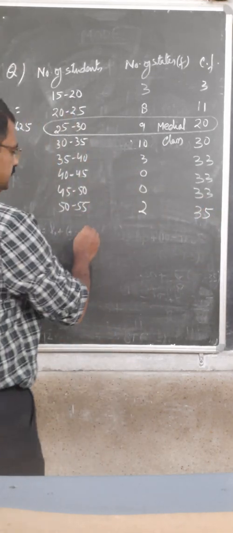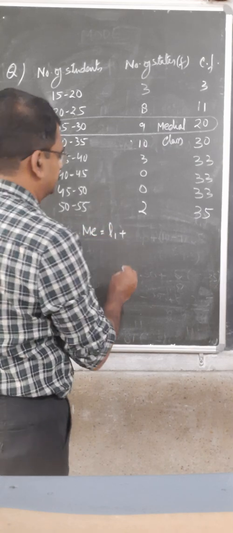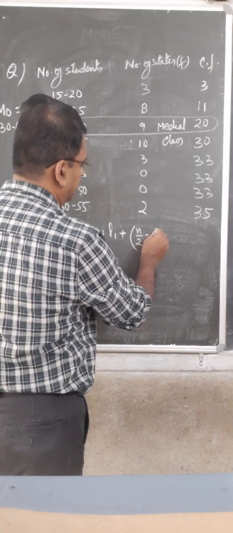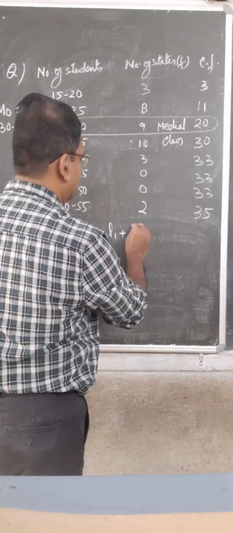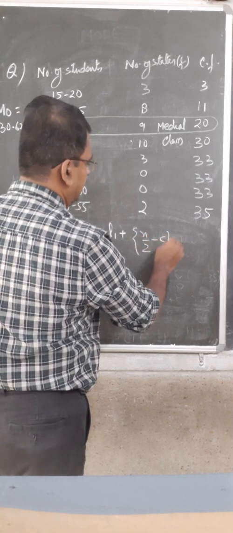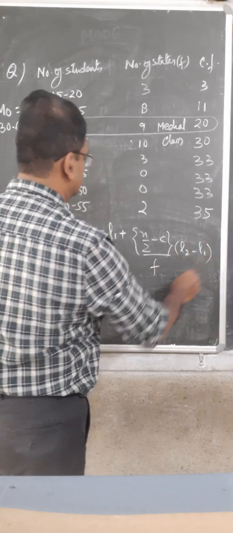And now you know the formula for median is L1 plus (n by 2 minus c) upon f into (L2 minus L1). Okay.